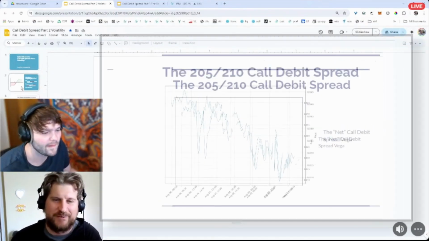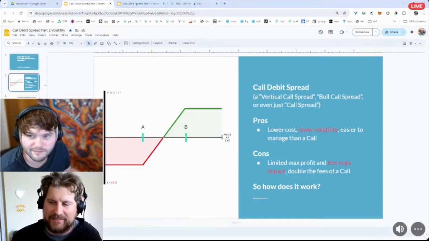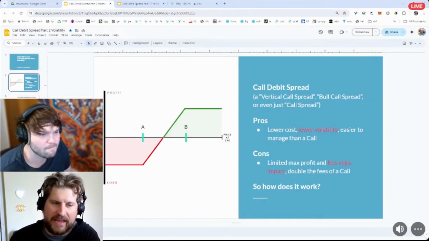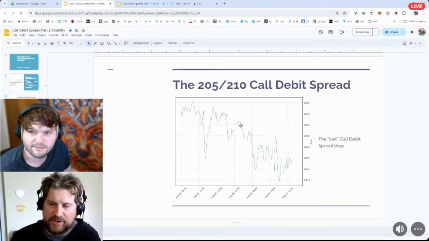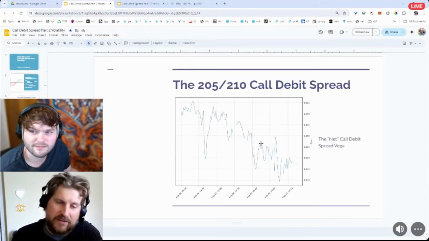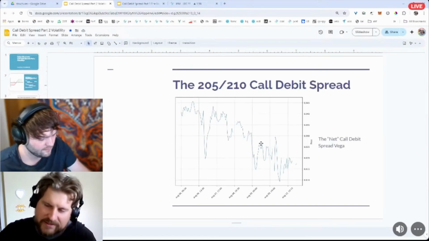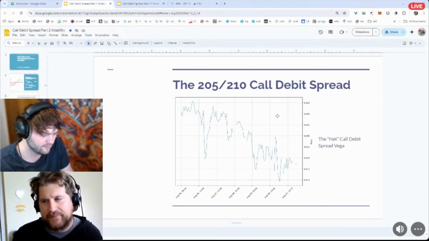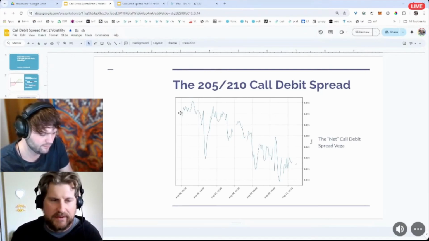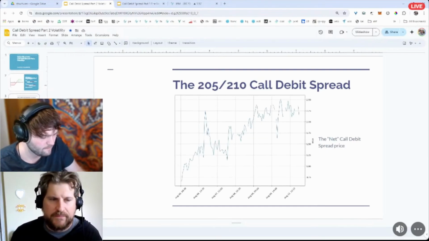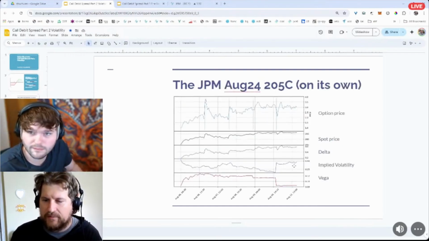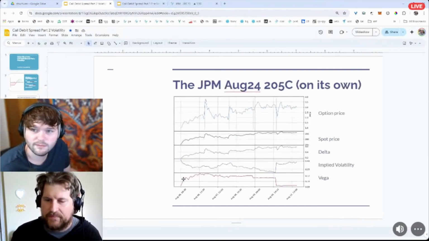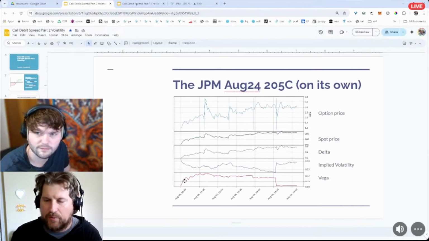Really, all I wanted to do was close the loop on the Vega impact, right, and show that on a real position, real time has gone past, right? How Vega started off low, right? It started off at 0.04 compared to the outright call, where the Vega started at like 0.1.